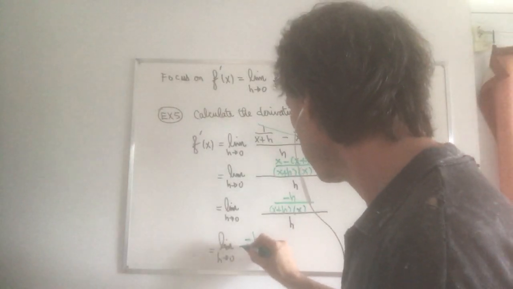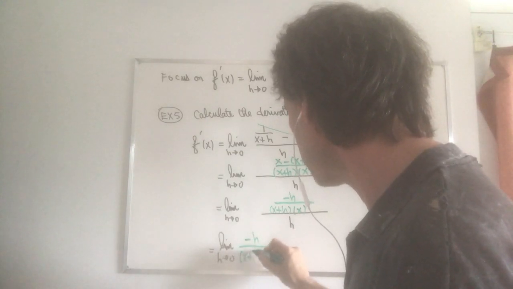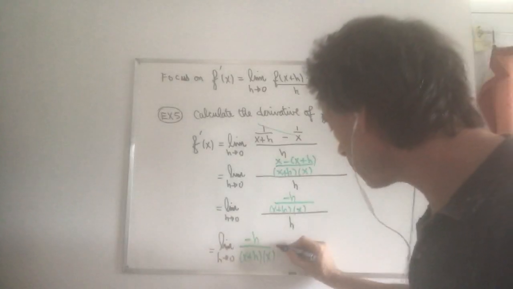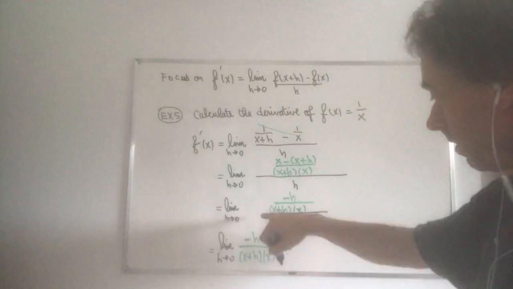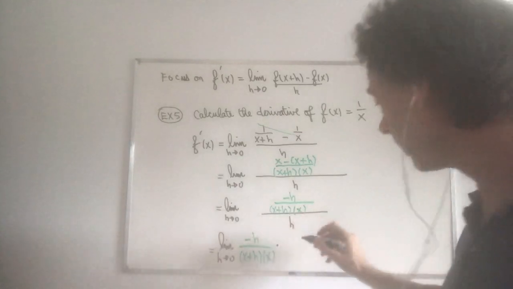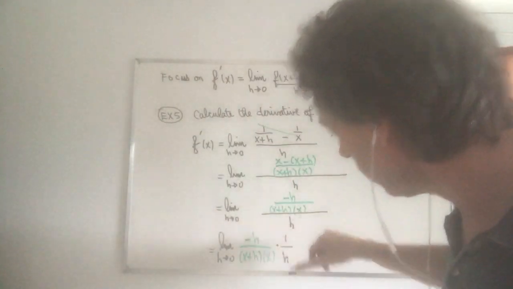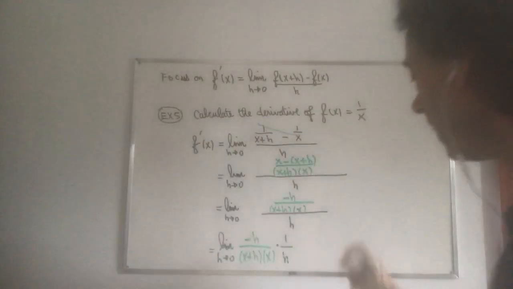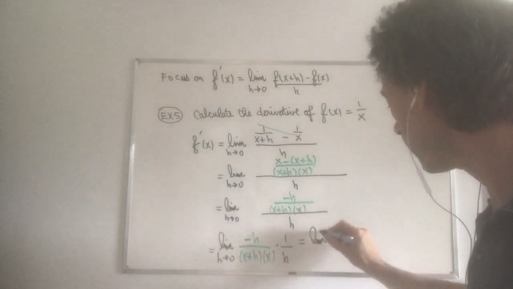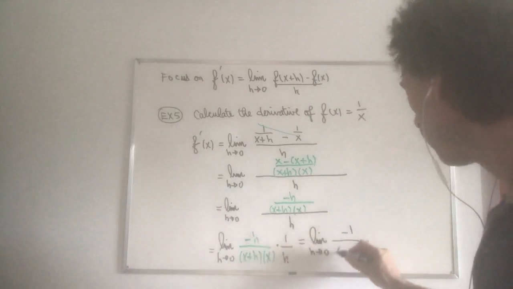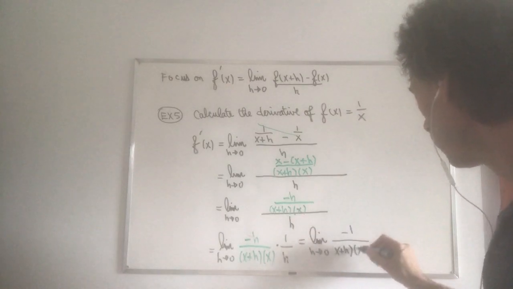So this is minus h over x plus h times x, and then division by h means multiplication by 1 over h, which gives us what we expected to happen, the cancellation of the h's, and that's a limit as h goes to 0 of minus 1 over x plus h times x.